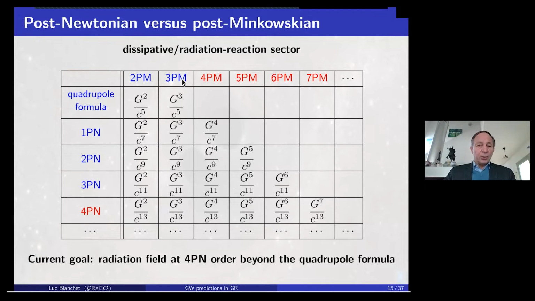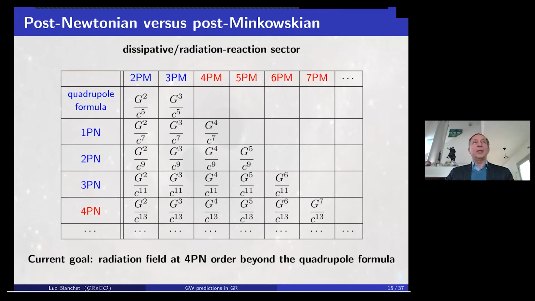In this talk, we are interested in 4PN corrections beyond the quadrupole formula, which correspond to extremely high post-Newtonian corrections as seen in radiation reaction, 1/c^13, which corresponds to 6.5 post-Newtonian order.